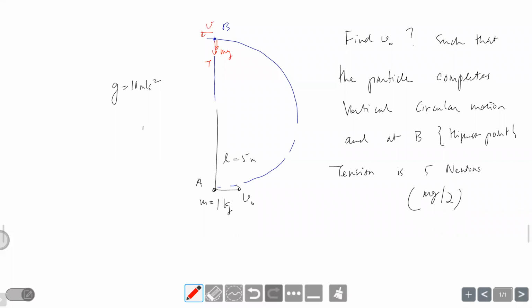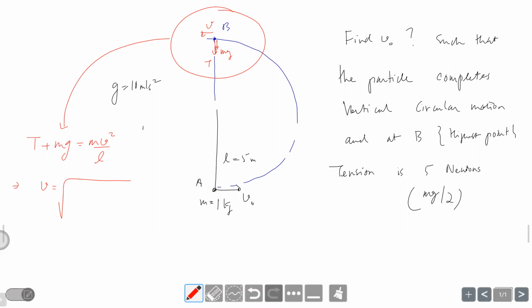At this point, the equation becomes T plus mg equals mv square by L, so v is the square root of the remaining expression, since T is given to us. The tension given was 5 newtons.